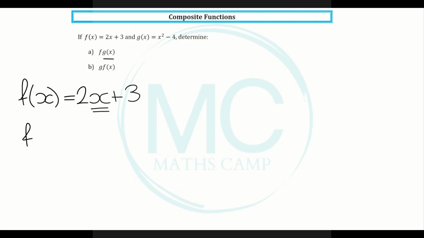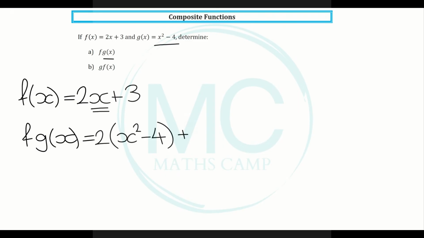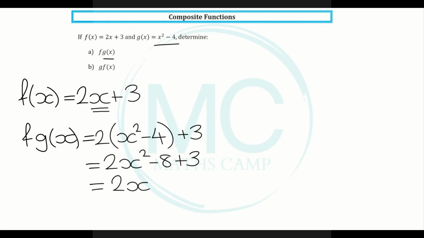So I can say f g of x is equal to 2, open a bracket, the equation for g of x, x squared minus 4, close the bracket, plus 3. Now we expand, we get 2x squared minus 8 plus 3, which gives us the equation 2x squared minus 5.